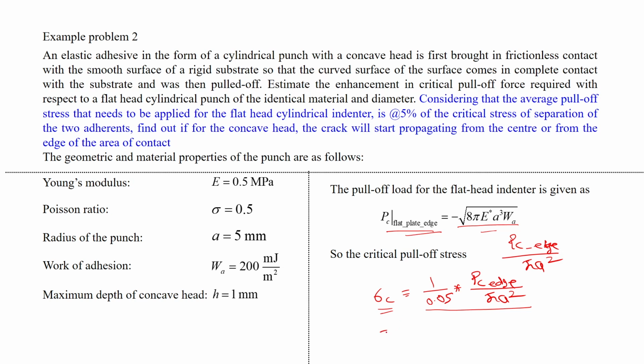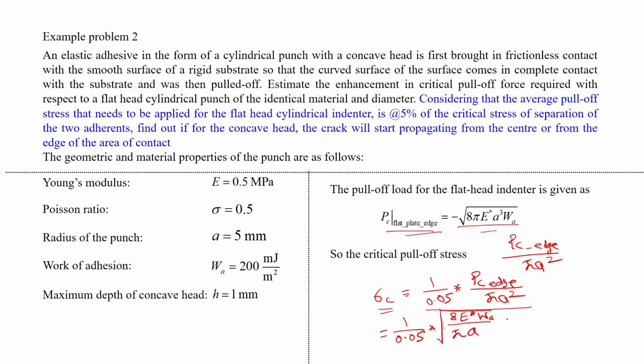This quantity will be 1 by 0.05, and then the square root of pi square here, so it is pi here; a square means a to the power 4, it is a cube here. So it is a here, and then this is 8 E star and this is W. That is the expression, in Newton per meter square.